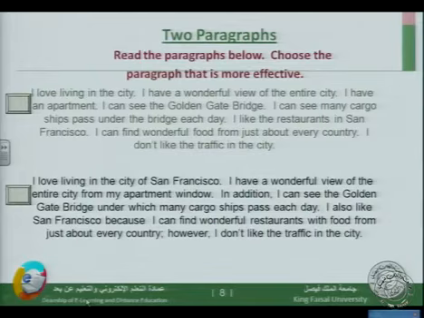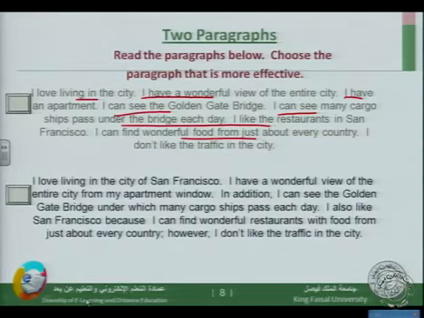I don't like the traffic in the city. Notice this paragraph. It has simple sentences, right? Subject, verb, complement. All of them were simple, simple, simple. All of these were simple sentences. Why? Because it has only one structure: subject, verb, complement. And short sentences. But strong writers use a mix between long sentences and short sentences. That's why it's important for you to understand the structure of sentences.